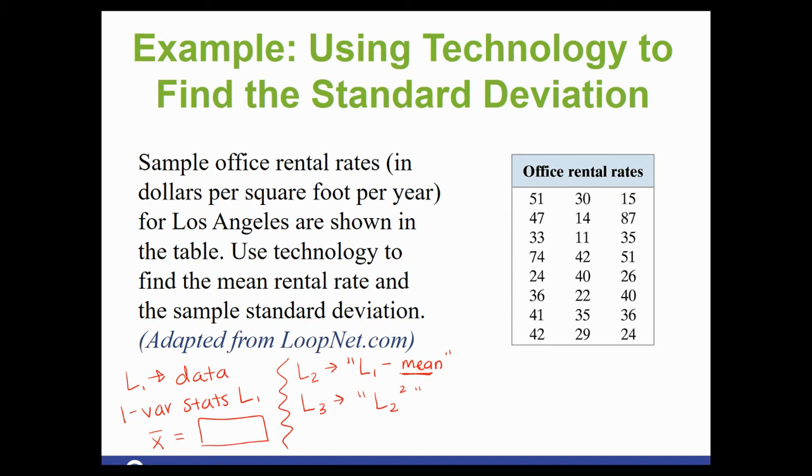Now we want to know the total of that column. So we're going to go to one var stats for list 3. And what we're looking for is sigma x. We want to take that number divided by our sample size minus 1, and that will give you your variance.